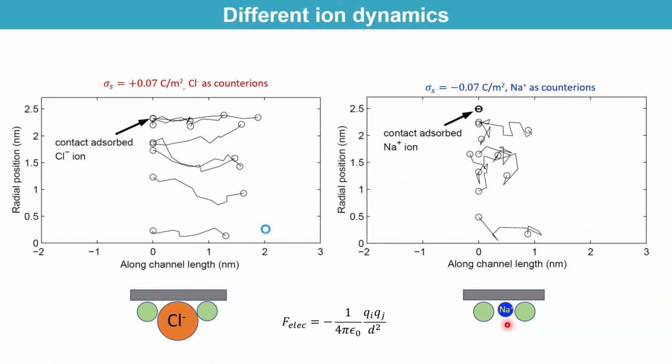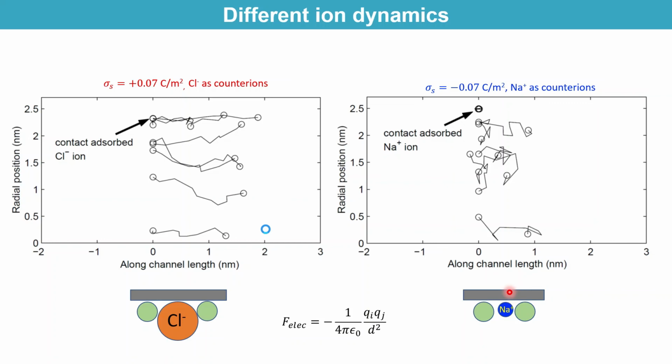And the reason for this is actually entirely chemical. If you look, the sodium ion is smaller. Therefore, the electrostatic force between the charged wall and the sodium ion is much stronger compared to that of the chloride to the wall. So this much stronger force could pin the sodium ion to the surface.